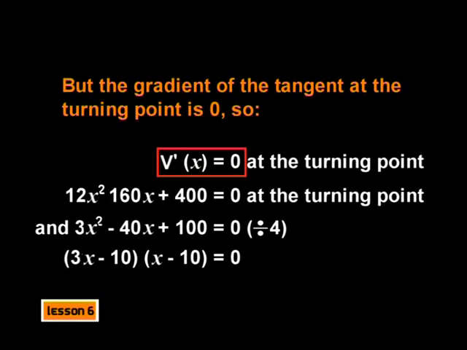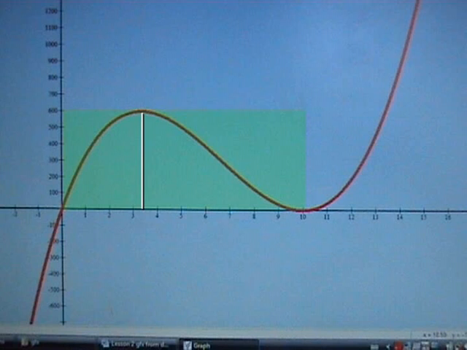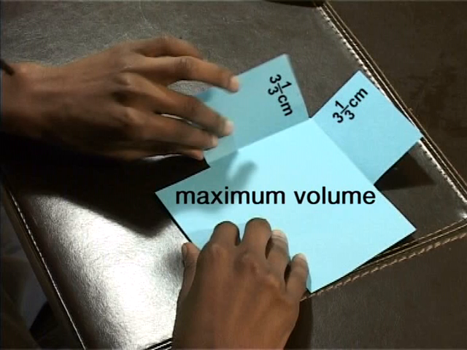We differentiated, put the result equal to 0, and solved the resulting equation. At last, we were able to confirm that, as expected, the cut-out piece was a little more than 3 centimeters. In fact, it must be 3 1/3 centimeters to produce the biggest possible box.